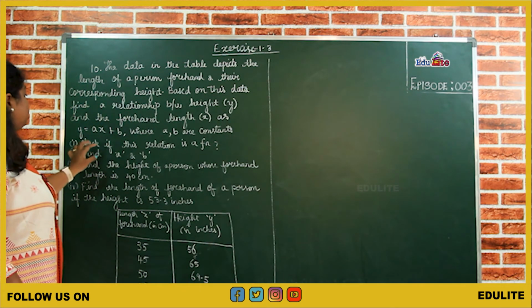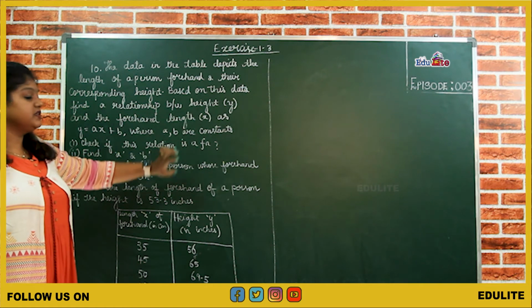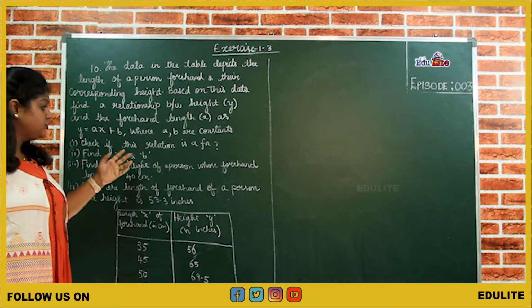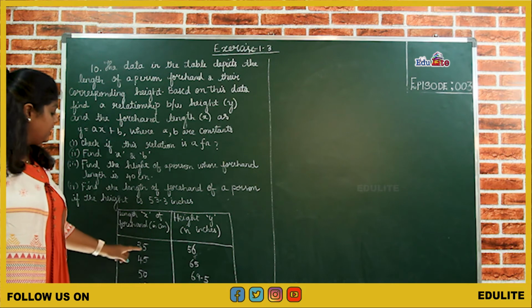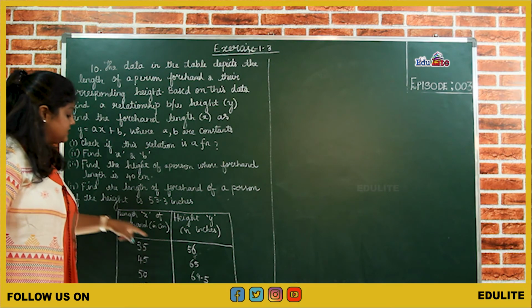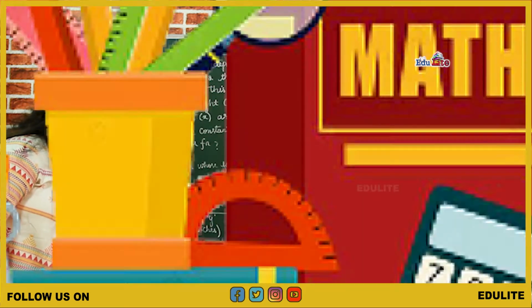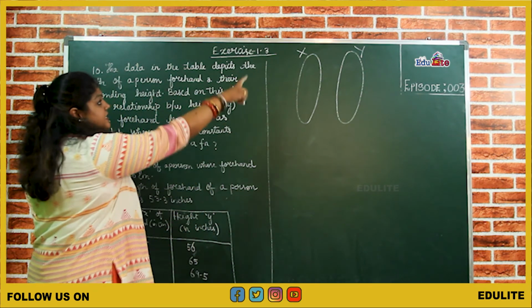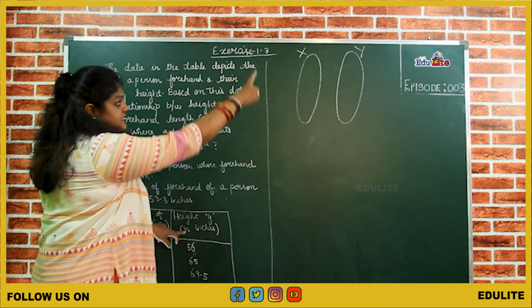First, we have to check whether this relation is a function. We have to do this using the table given. This is the set x and this is the set y. Length represents set x and the height represents set y.